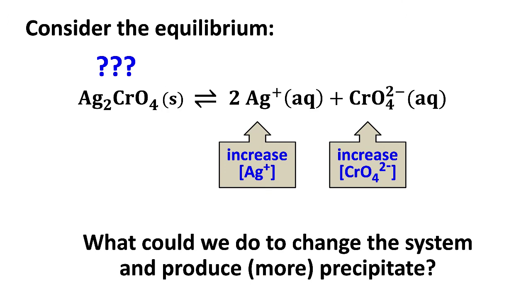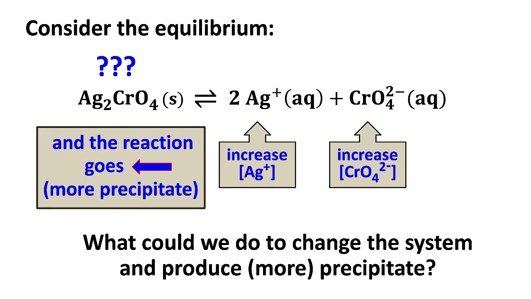And if the stress on the equilibrium is increased concentration of products, the system will respond by making more reactants. And in this case, more reactants are the precipitate silver chromate. And so if we wanted to make more precipitate, we'd simply add some silver ion or chromate ion to our solution.